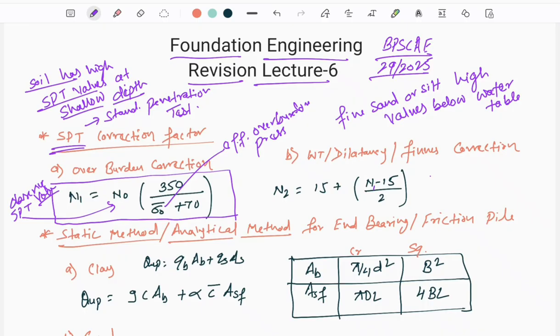Based on this N0, you can calculate this N1 value.